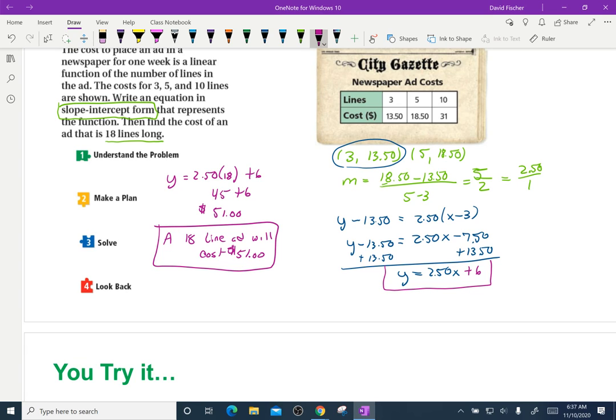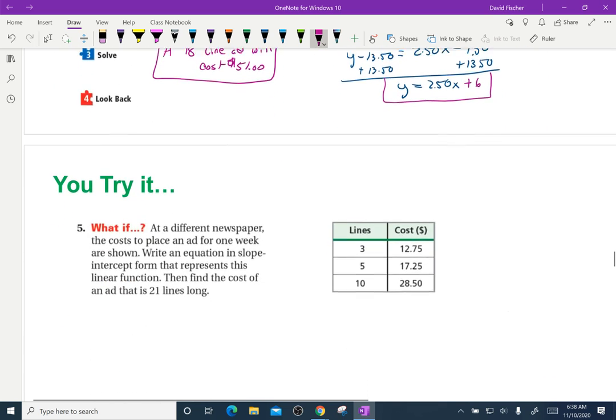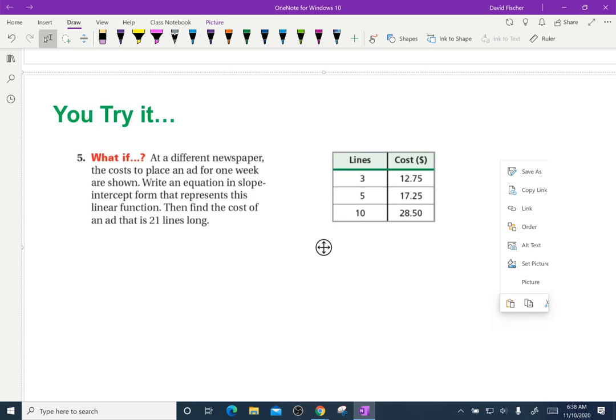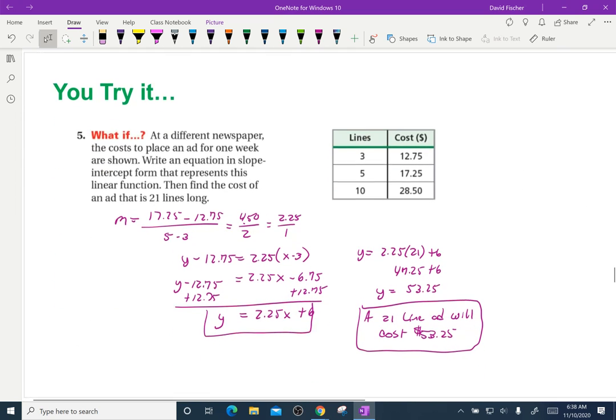All right. So on the next page, I did one and see what happens there. Okay. So do this one, and I got the answer on the next page. Let's see how you did. Here's my work.